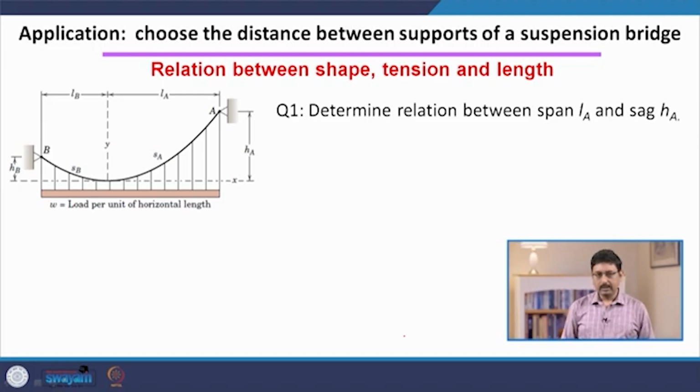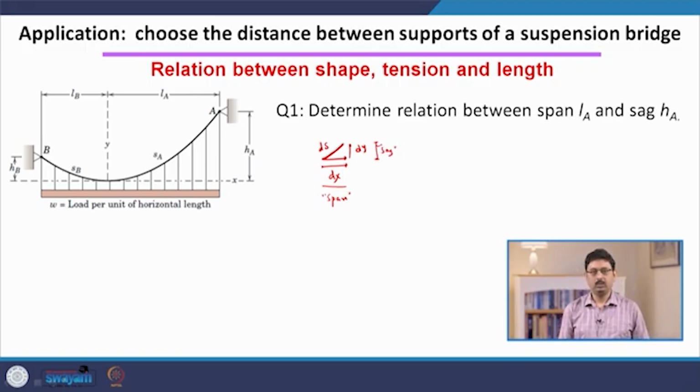Basically, in this case what you want to know is the relation between the span and sag. Suppose you take a small piece of the rope which has length, let us say, ds. From one end to the other end, the horizontal distance is dx and the vertical distance is dy. This will be called the span of this small piece, and this will be called the sag of this small piece.